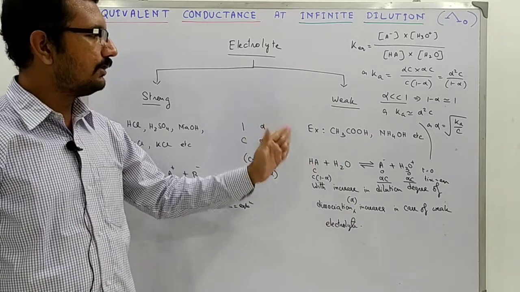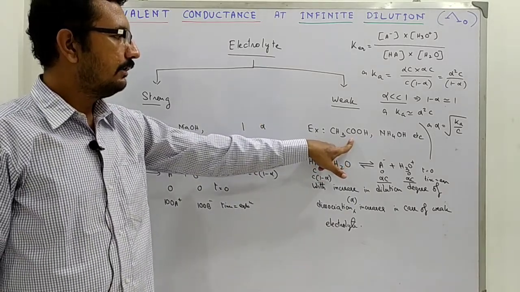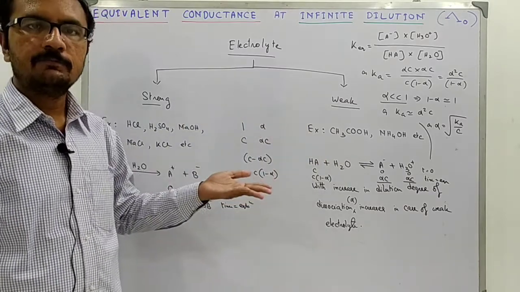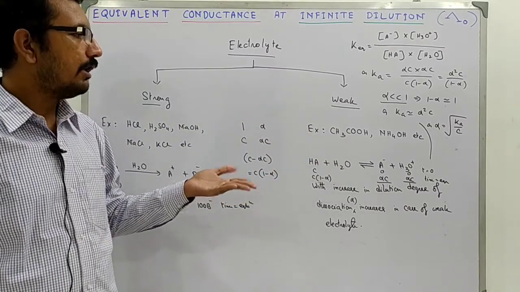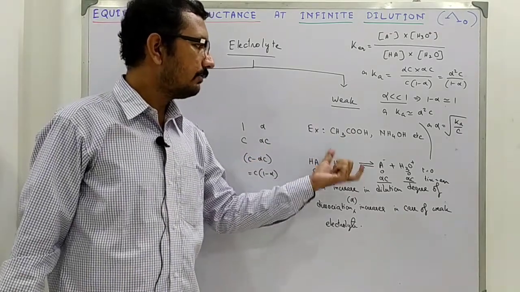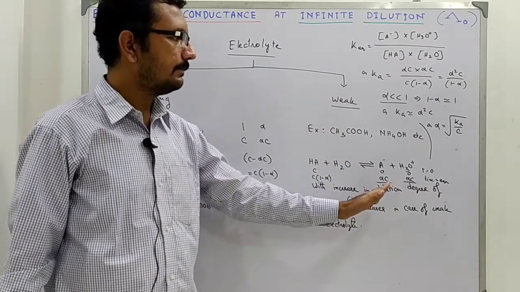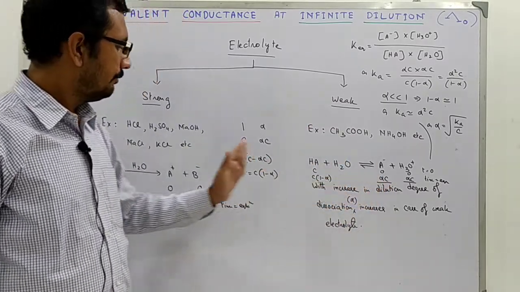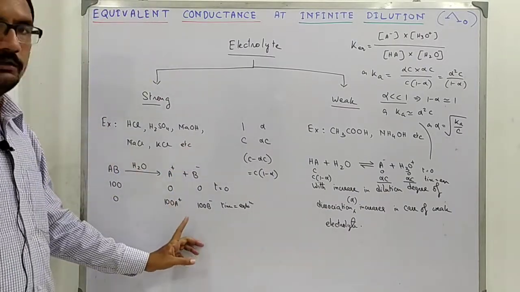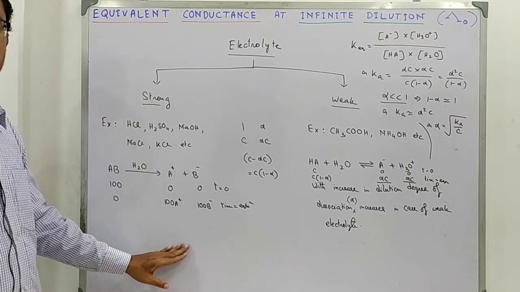So if you start with 1 gram equivalent of this electrolyte and you dilute it gradually, what you will get is that the number of ions will increase here as the dissociation increases. But for strong electrolytes at all concentrations, it will remain 100% dissociated.